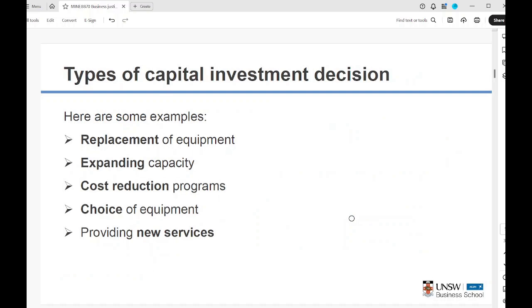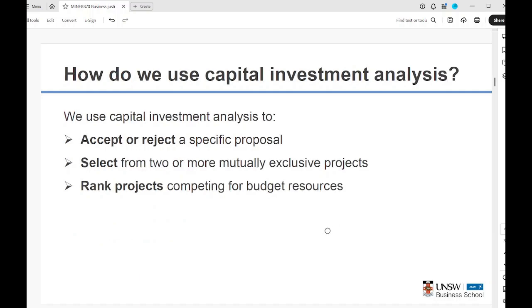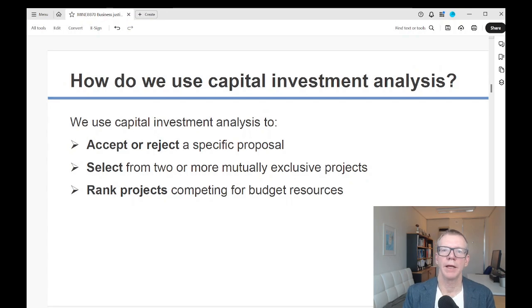Typical sorts of investment decisions: should we buy new equipment, should we replace equipment? How would we rank between various types of equipment, various types of services? Typically, an organisation is going to be doing one of two things. Capital budgeting or capital investment analysis is typically going to try and help managers answer a couple of sorts of questions.